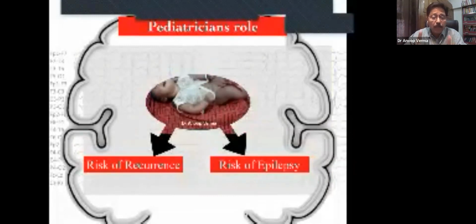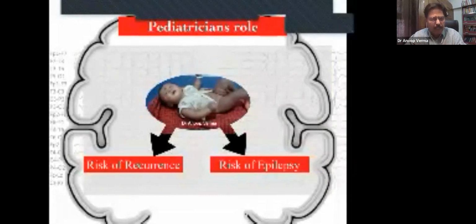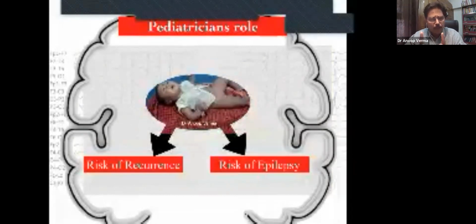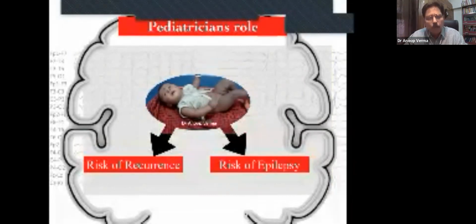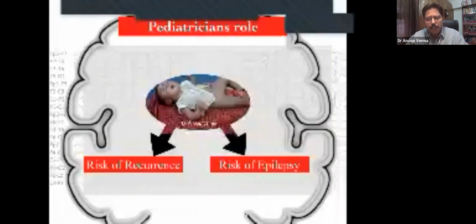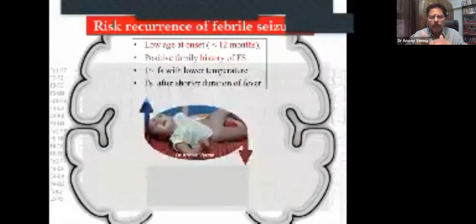These are the two very important points for a pediatrician to consider when a child is convulsing in front of you: apart from managing the acute seizure, simultaneously you have to assess the risk of recurrence and the risk of epilepsy. Let us see the risk of recurrence.